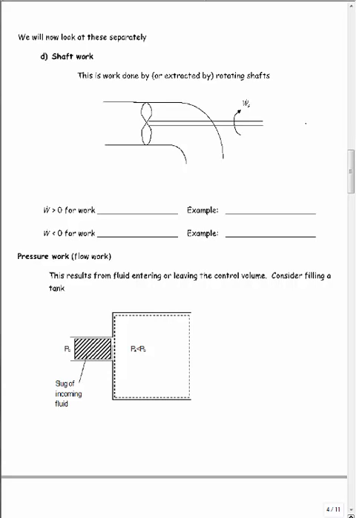In fluids, usually we're not talking about big temperature changes. Thermo was all about big temperature changes and heat input and that kind of thing. So again, work is positive for work output, and for example, a turbine puts out work. It's negative for work input, and that would basically be our pumps or possibly fans in fluids.